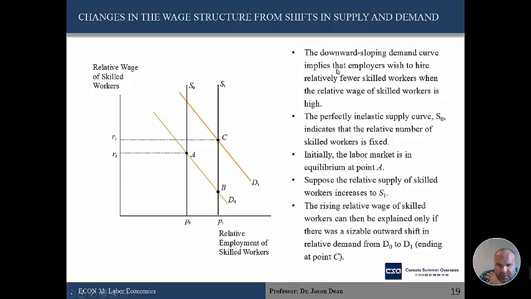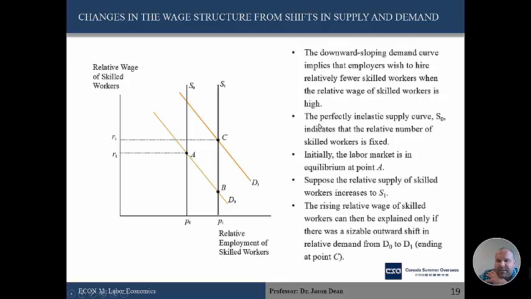It's useful to point out that on the vertical axis here, we're measuring the relative wage of skilled workers. The higher this value is, the higher the wage is relative to unskilled workers. And so obviously it's downward sloping because the higher the relative wage, the less the firms would want to hire.